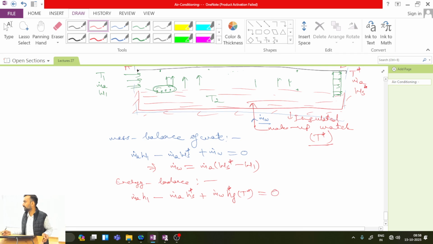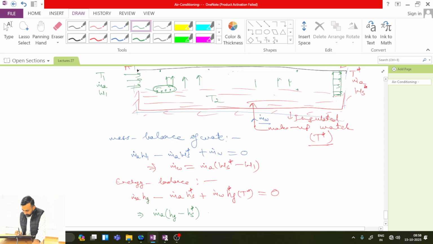Any other energy interaction? The chamber is insulated, so it is equal to 0. So what will I get here? m dot A is common. H1, what is this H1? H1 is usually in the gaseous state, Hg. So let me write it as Hg minus Hs star.